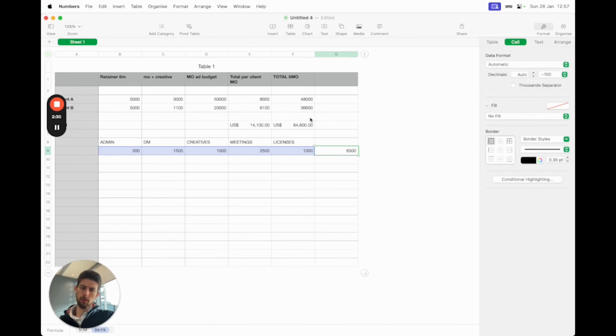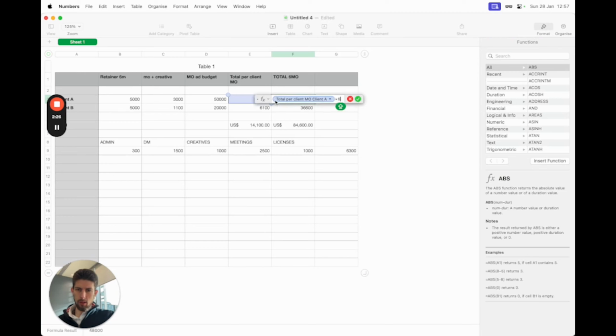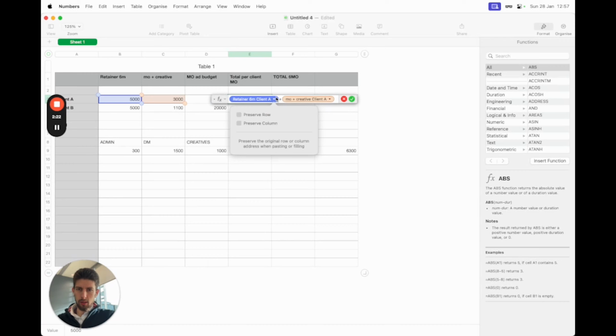And if we do this well, we will be dividing this by 6 for most people. For us, we do 5,000 every quarter, so it will be times 2 actually only. So per client per month, it will be this divided by 6 months.